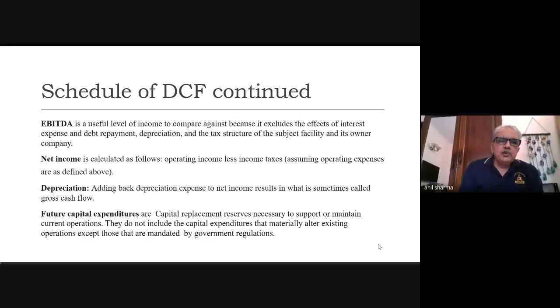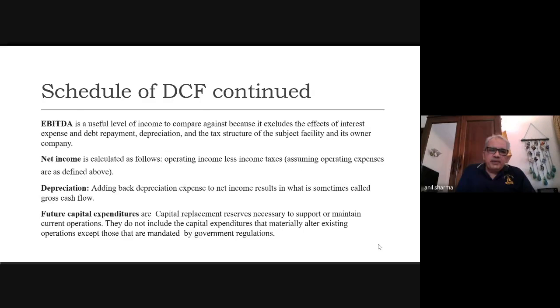And then you also subtract the future capital investments that are expected to maintain the income for those many years, right? So any future capital investment that is expected in the foreseeable future of the life of the asset is reduced from the present value of the income that you compute.